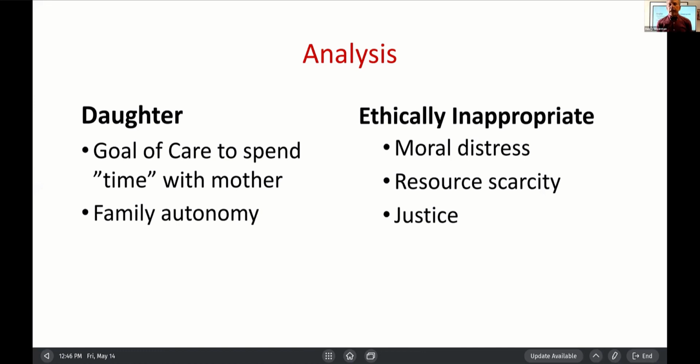We could just have a conversation, and I've done that before as well, telling the family that we should do A, B, C, and D. And in fact, at the meeting with the daughter, it was articulated that physicians could make decisions about medical ineffectiveness without asking permission from the family.